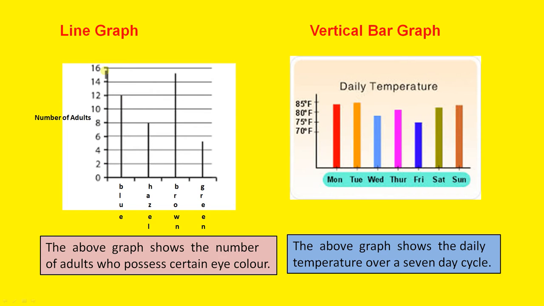So the vertical axis represents the number of adults, and so forth for each of the columns. We also have a vertical bar graph, and the above graph shows the daily temperature over a 7-day cycle. So it's quite similar to the line graph.